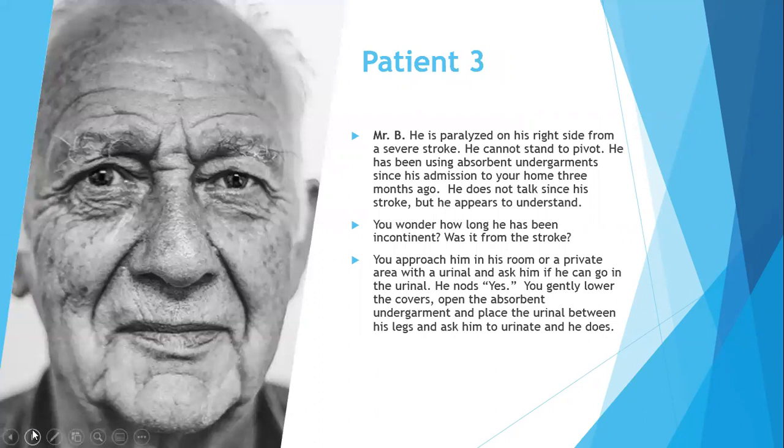So Mr. B was paralyzed from a stroke. He's not able to stand, doesn't pivot, so he's really dependent on his care team. And he's been using undergarments since he got to the facility about 3 months ago. He also has aphasia, so he can't really speak, but you've noticed, and your CNA has told you, that he can definitely understand what is being said.